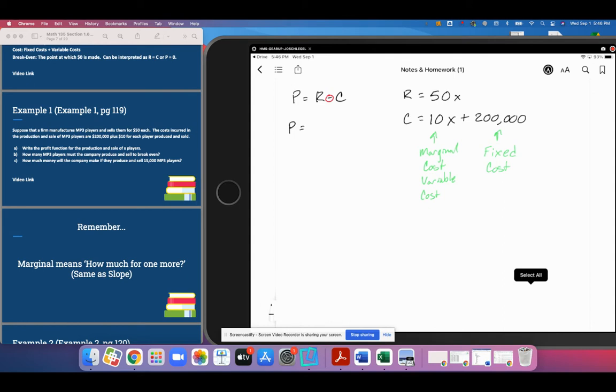So let's go ahead and bring our things over, and we're going to replace R with 50x because revenue is 50x. Write your minus sign. Don't forget to write the minus sign. Again, that comes from right there. Minus, and in parentheses, it's the entire cost function that's being subtracted, not just the 10.